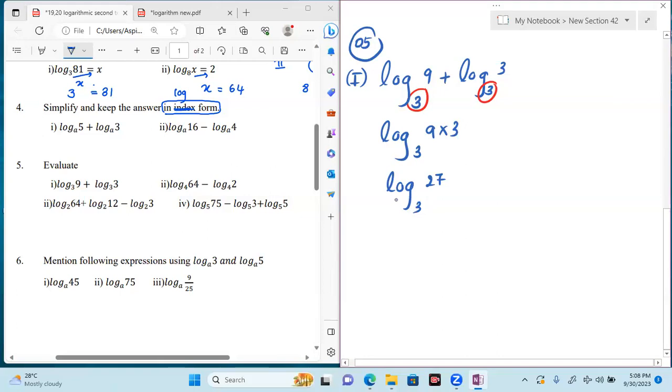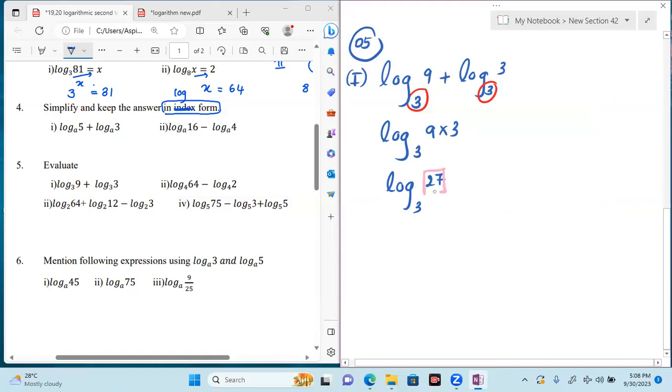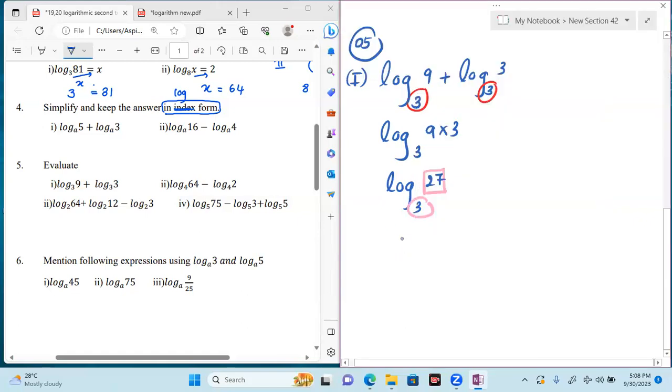Now you can follow up the theory I explained previously. Here you can express 27 as a power of 3. How do we express 27 as a power of 3? It is 3 to the power of 3. Okay, 27 can be obtained by 3 to the power of 3.